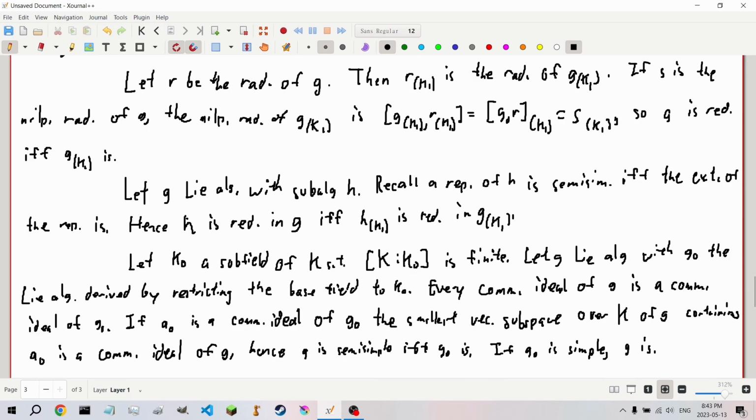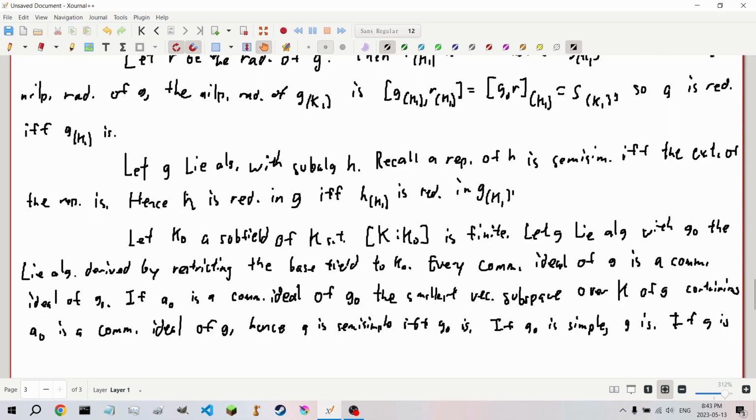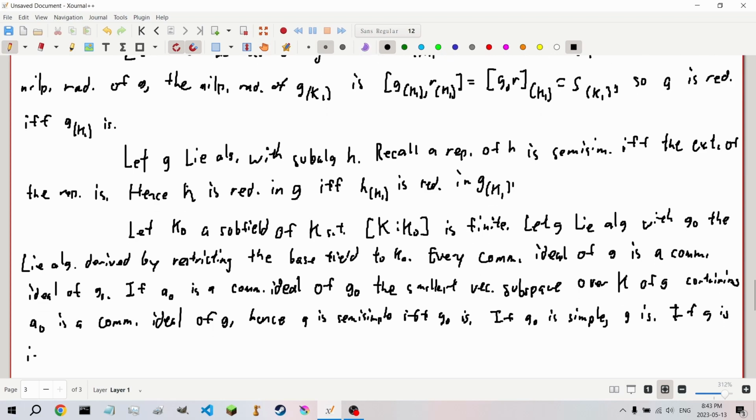Now, if G is simple, G naught is. How do we know this? Let A naught be a simple component of G naught.